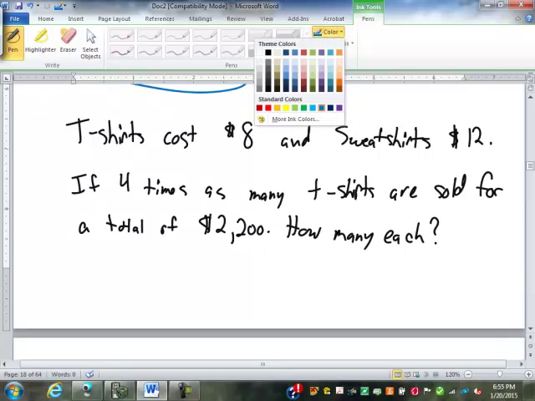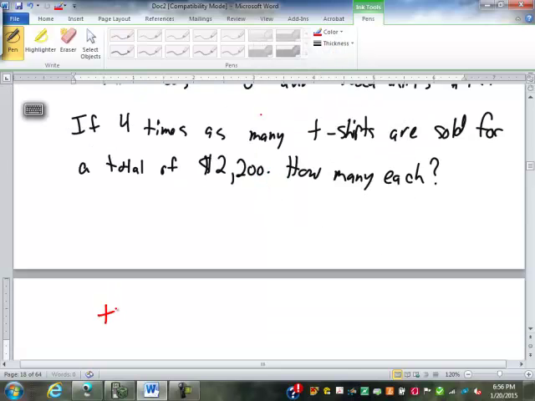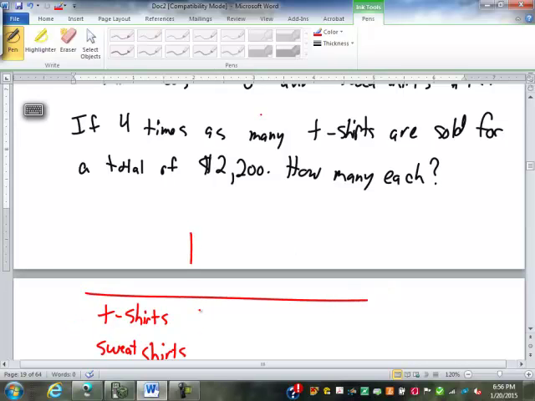So this one involves going an extra layer into the problem. We still have just t-shirts and sweatshirts that we're looking at here. And we need to define a variable for the number sold.